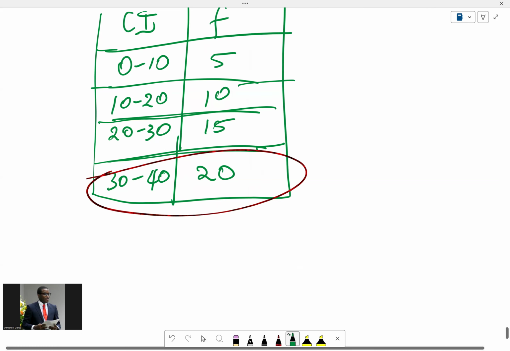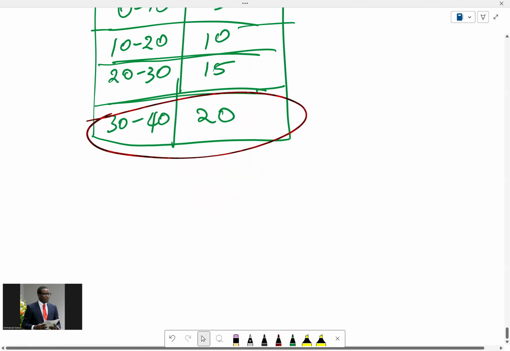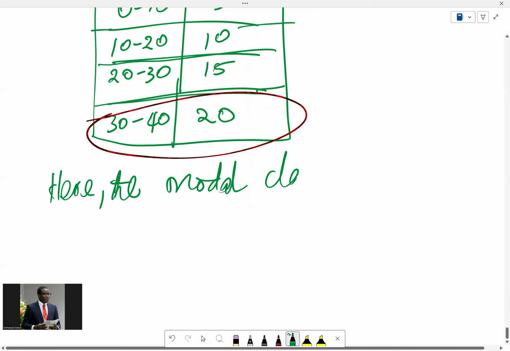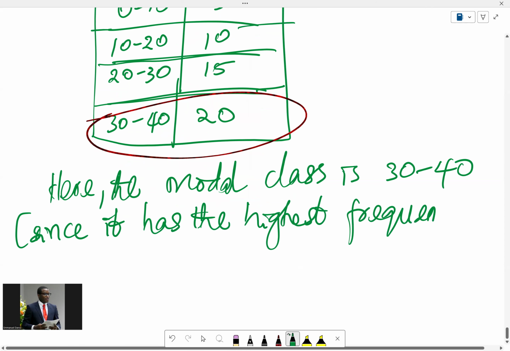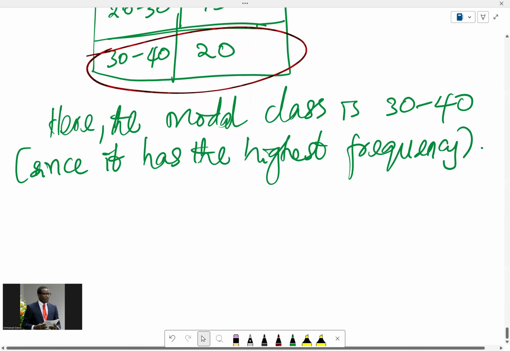So you can simply say that here, the modal class is 30 to 40 since it has the highest frequency. And then we need the other items.